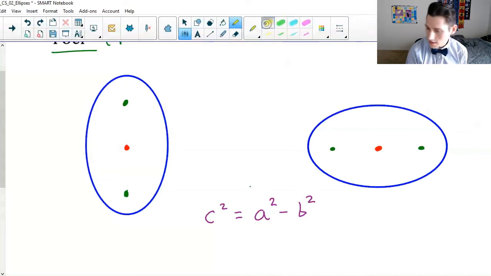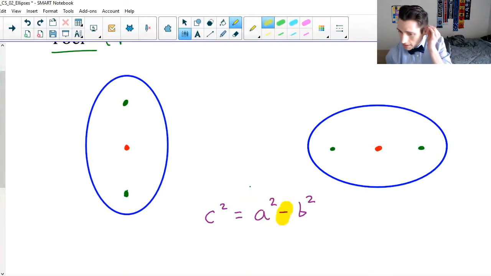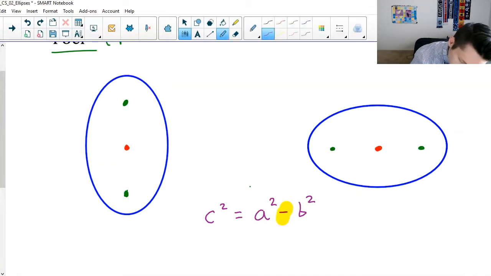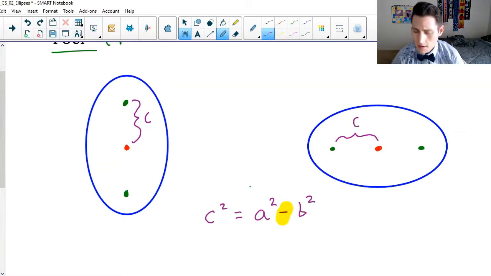Note that this is not the Pythagorean theorem. The Pythagorean theorem is a squared plus b squared equals c squared. But this is a squared minus b squared. And so the distance between the center and each of the foci is c. So we'll use that to figure out where the foci should be.